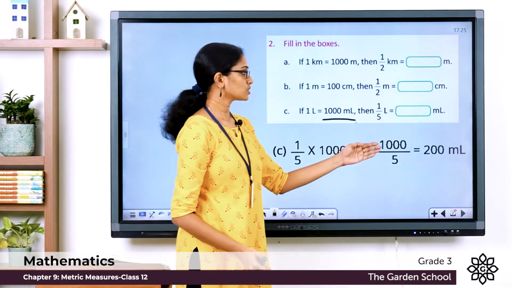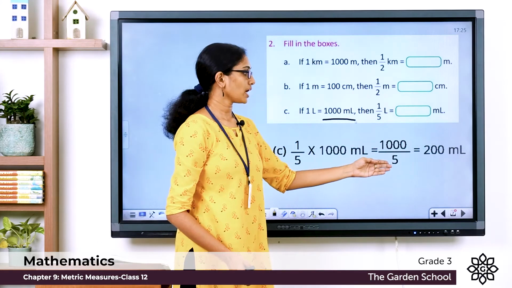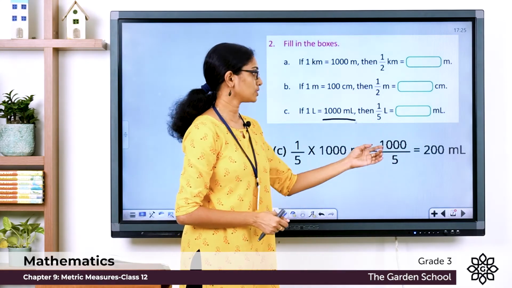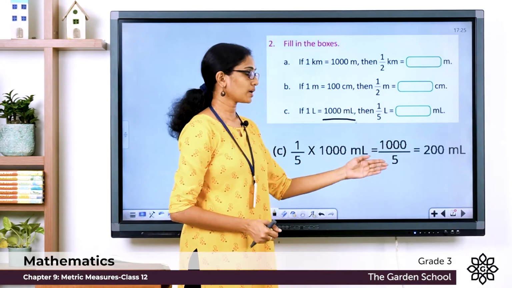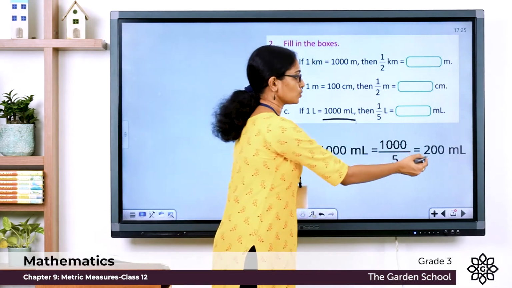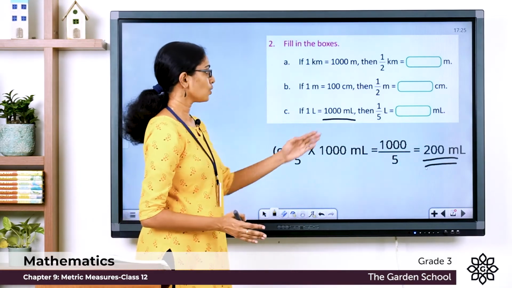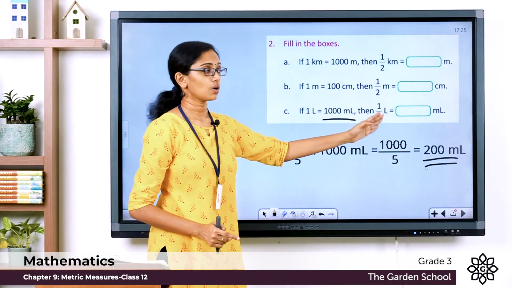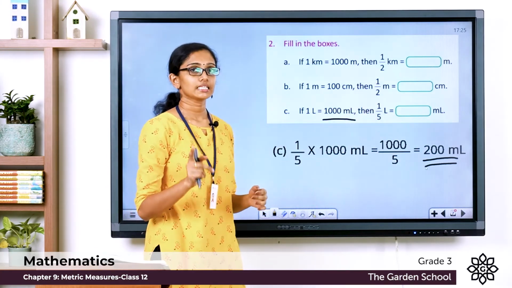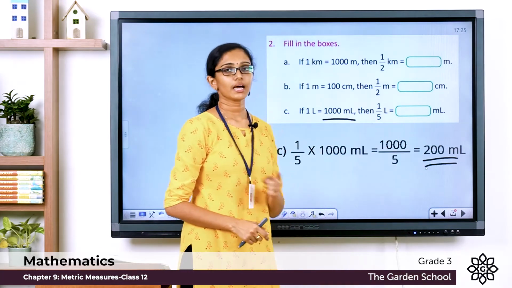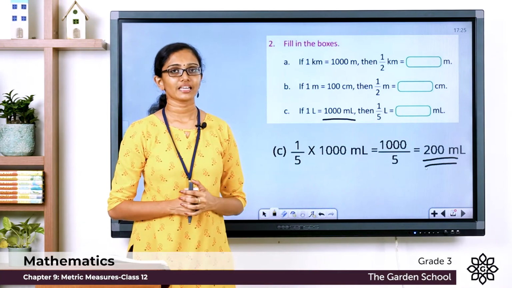And what is 1000 divided by 5? 5 into 200 is equal to 1000. So 1000 by 5 is equal to 200, and hence 200 milliliters. So 1/5 of a liter is equal to 200 milliliters. Hope you are clear with this.